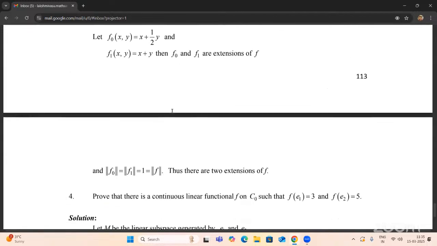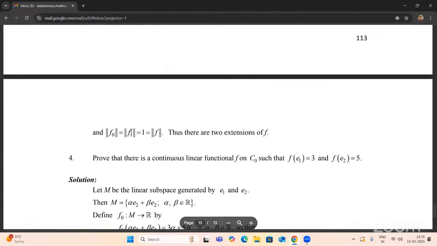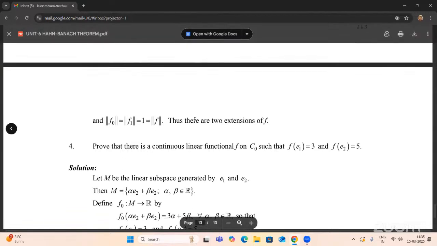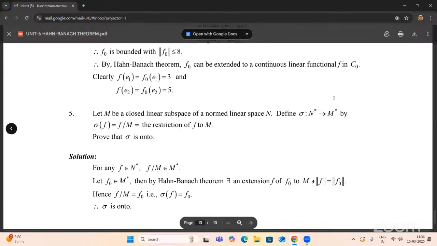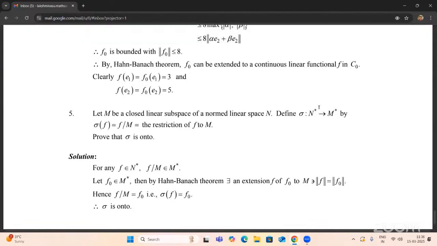This is also one of the problems. Prove that there is a continuous, you just have to explain here. Another one, here the canonical map sigma is defined from M to N through duality. The dual of closed linear subspaces, sigma defined from N star to M star.